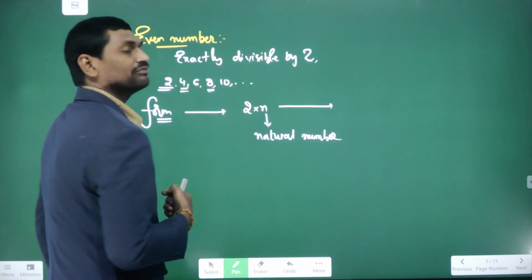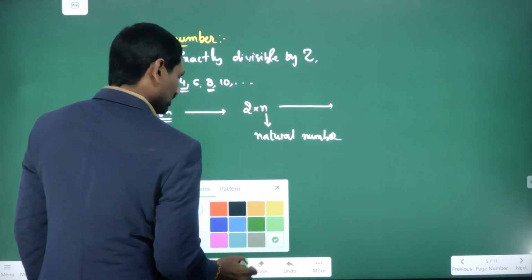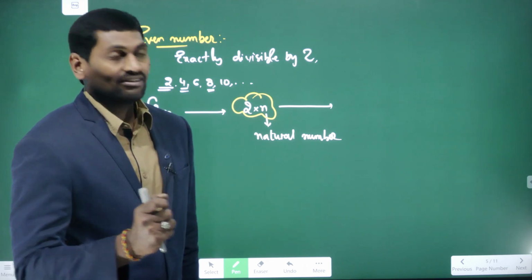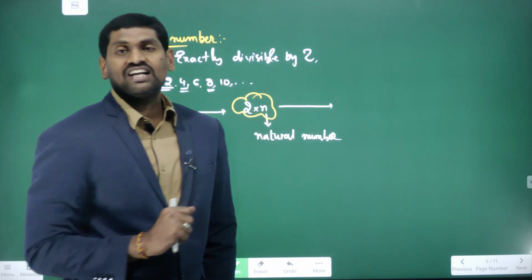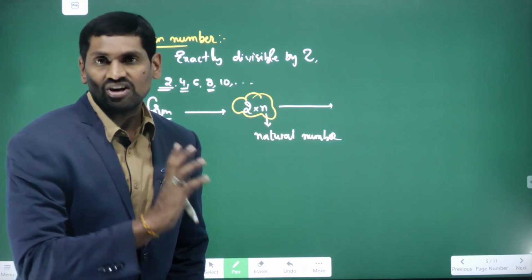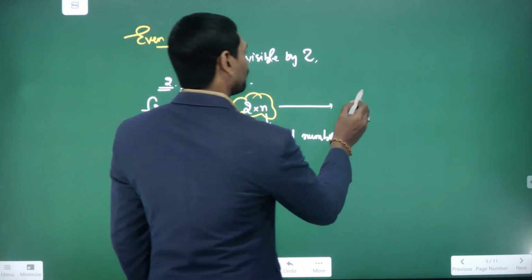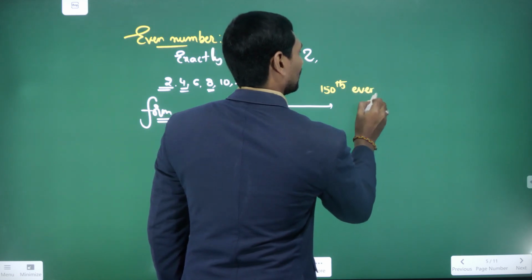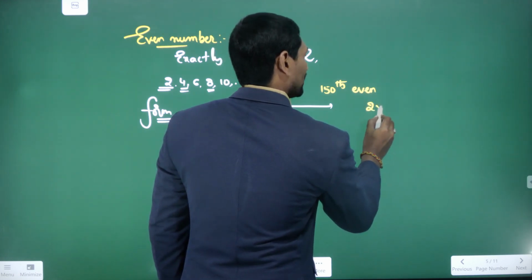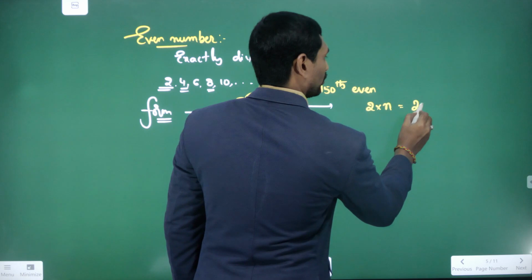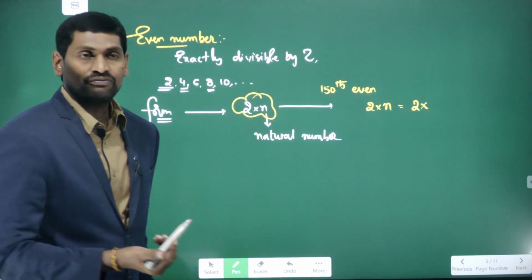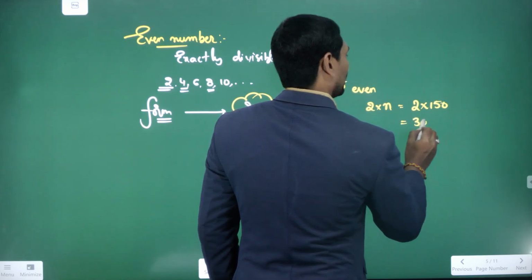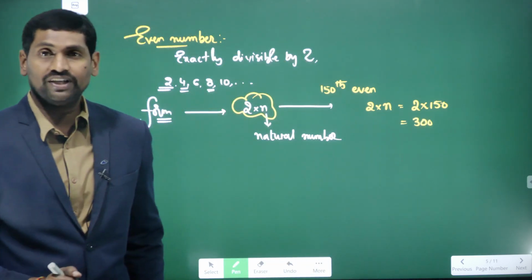To get it, we use the formula 2 into n, where n is one of the numbers in the set of natural numbers. So 2 into 150 is 300.